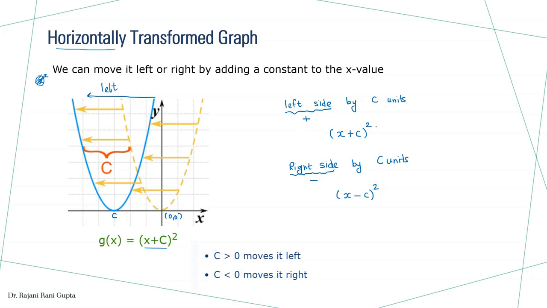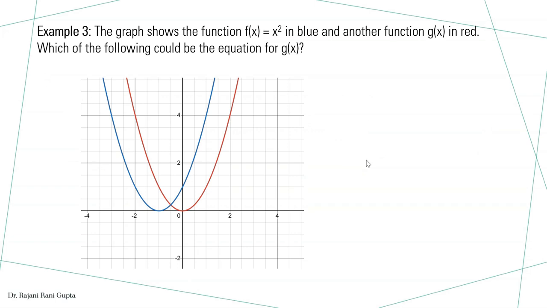Okay. And you change this entire function. You don't see here x power 2. Instead, you see x plus a number or x minus a number and its power 2. So when such kind of transformation occurs, this transformation is horizontal. Okay, so left side means plus, right side means minus.